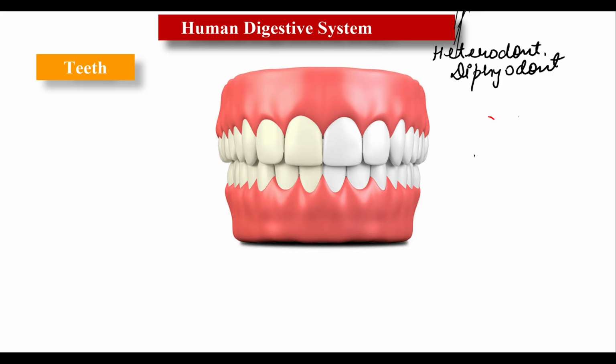Okay, so let me explain what we mean by heterodont, then I will explain what we mean by diphyodont. Heterodont, I am saying heterodont, beta, because different shapes and different sizes of teeth are present in the jaws of the buccal cavity.